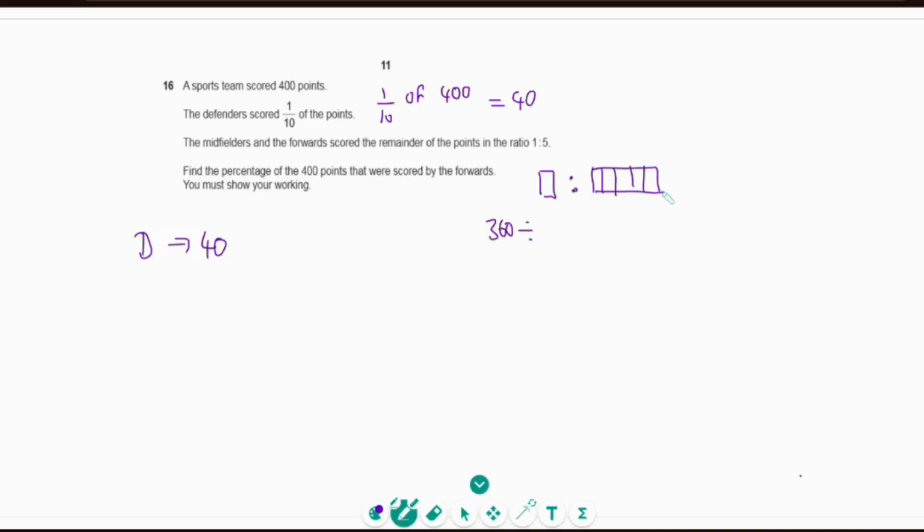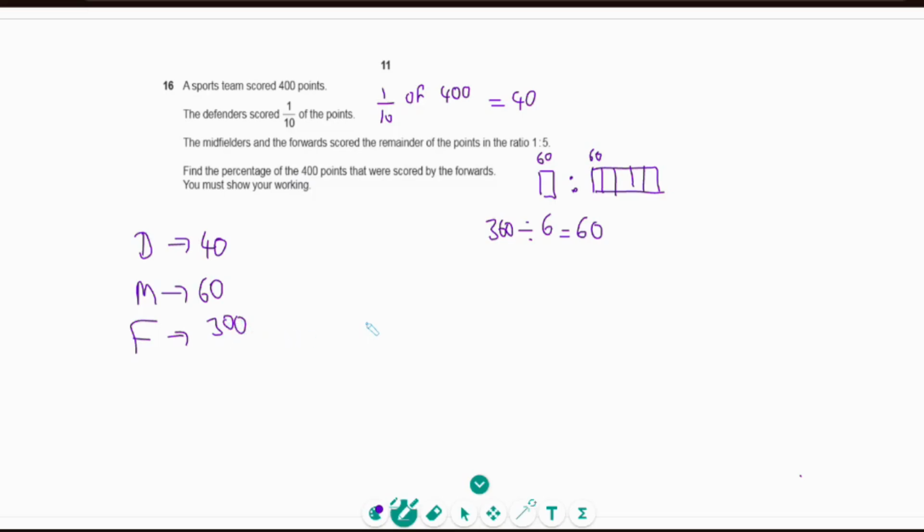How many parts have we got altogether? Well, if you have a look at your boxes, you've got 6. 360 divided by 6 is 60. So each box represents 60, which means the midfielders scored 60 and the forwards scored 60 times 5, 300.